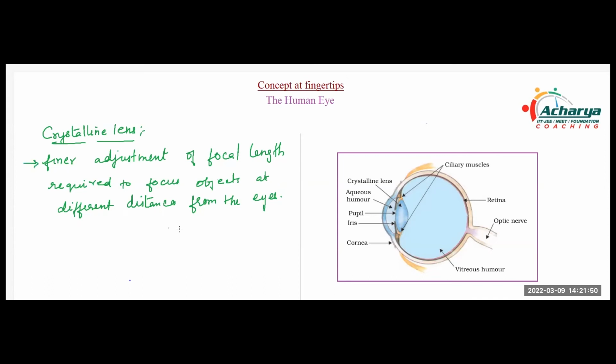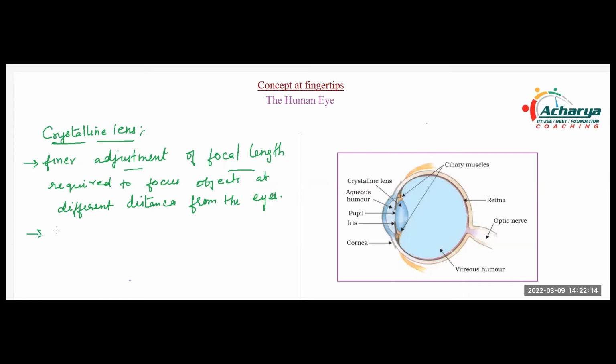This property of the lens is known as the power of accommodation of the eye. The focal length of this lens will differ according to the distance of the object from the eyes.